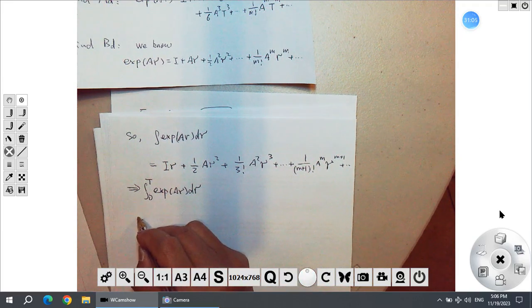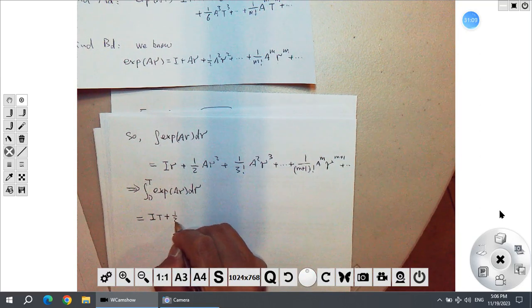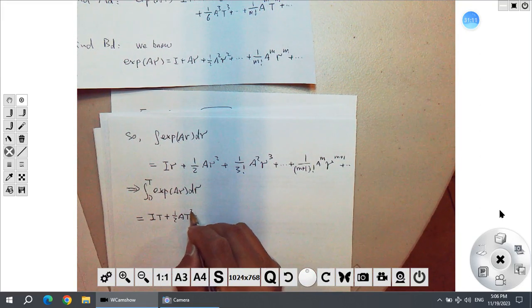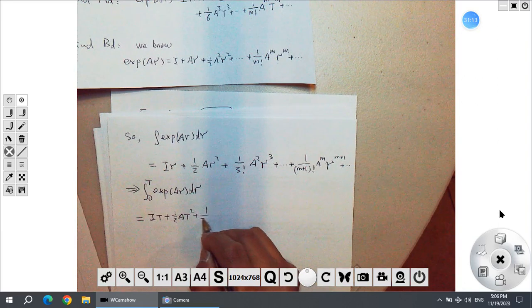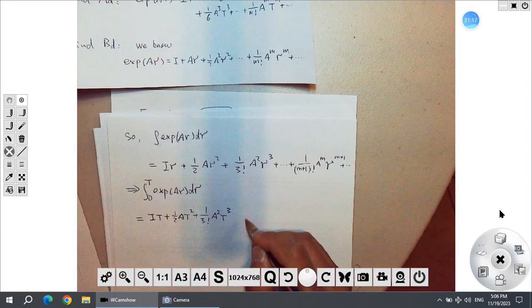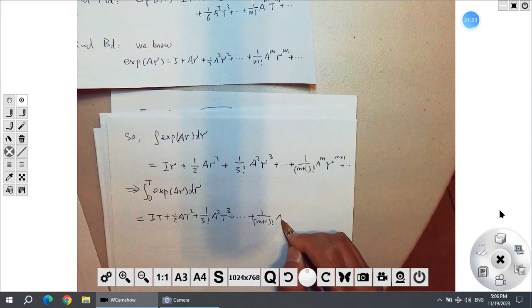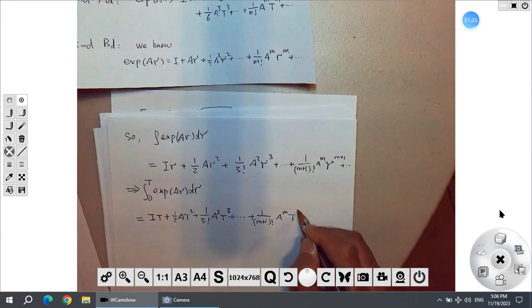So this one equals I times t plus 1/2 A t squared plus 1 over 3 factorial A squared t cubed plus ... plus 1 over m plus 1 factorial A^m t^(m+1).